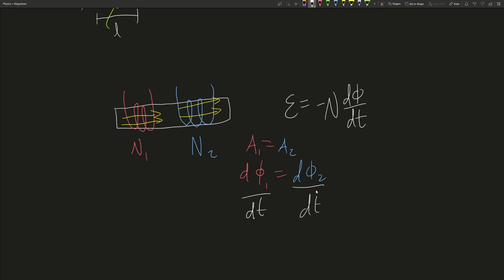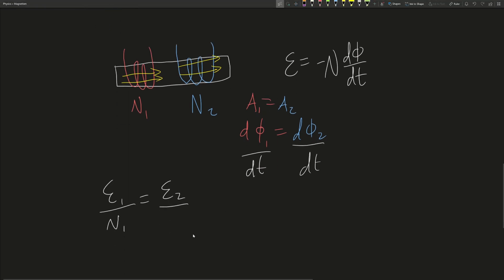So knowing this, since the change in flux is constant, we know that E1 over N1 is going to be equal to EMF2 over N2, which means that if we want to find the output EMF, it is going to be equal to the input EMF times N2 over N1.